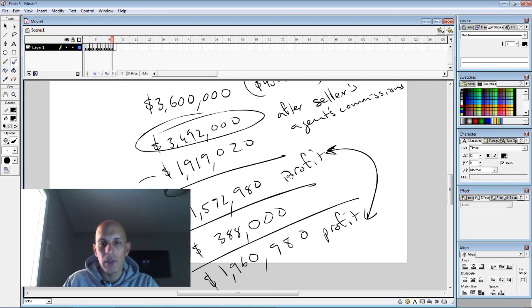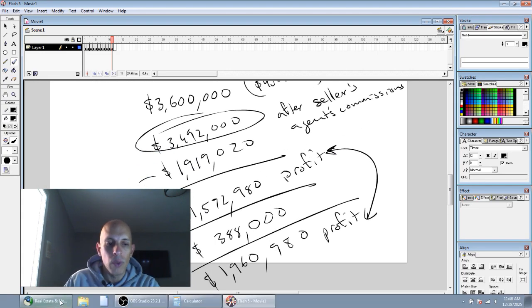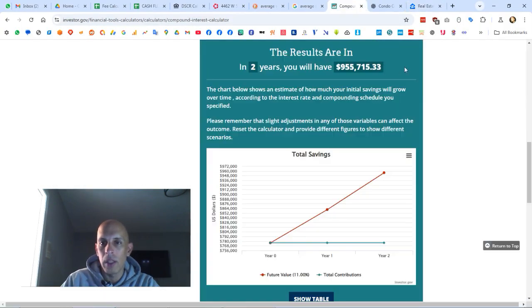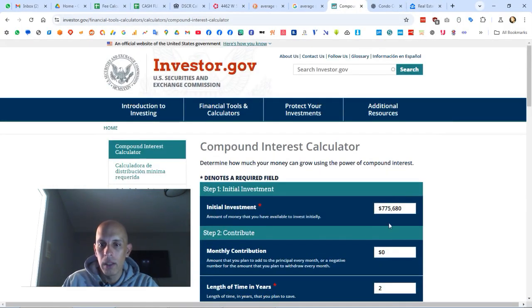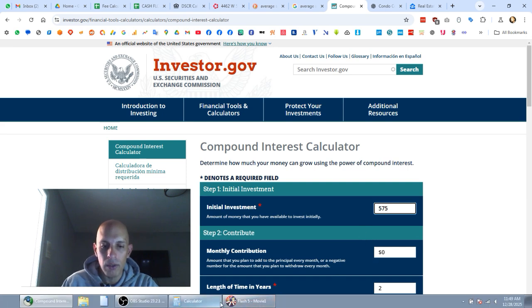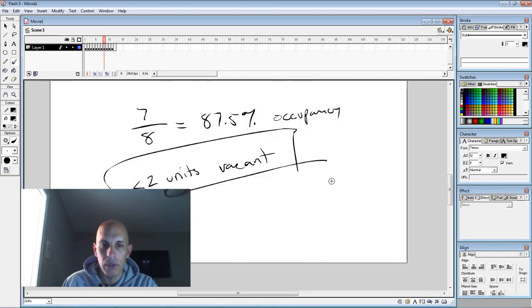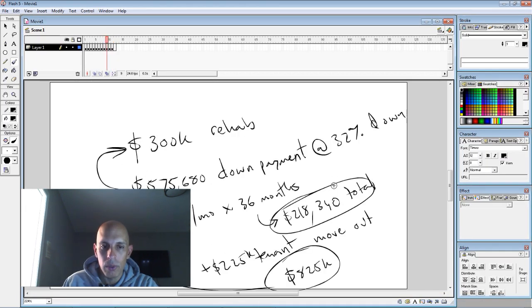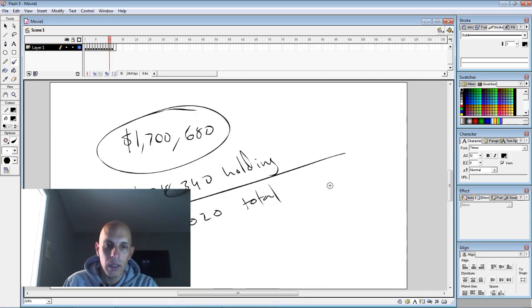And this is after 2 to 4 years, whereas with the compound interest calculator, right, you've invested, let's say 575, well, let's say the same amount of money, right? So we want to do an apples to apples comparison. So we're looking at right here, you've invested $1.9 million.